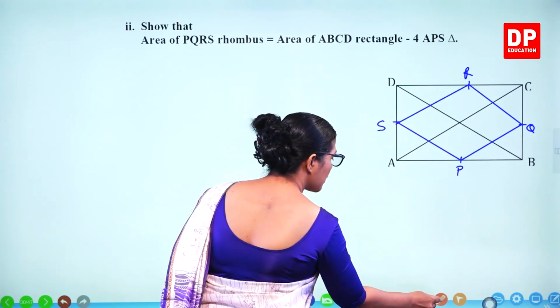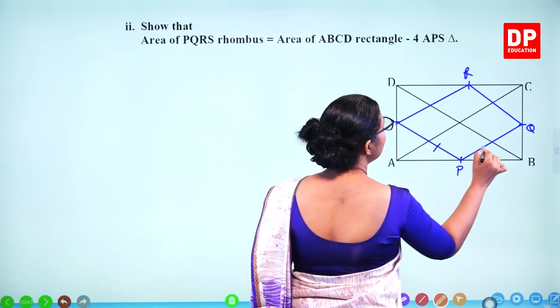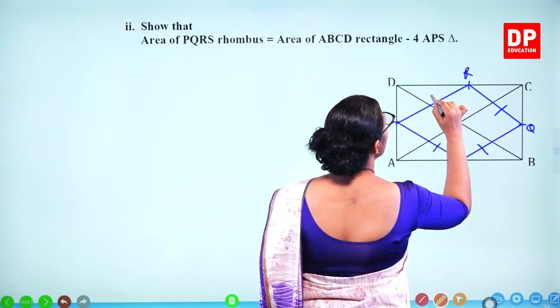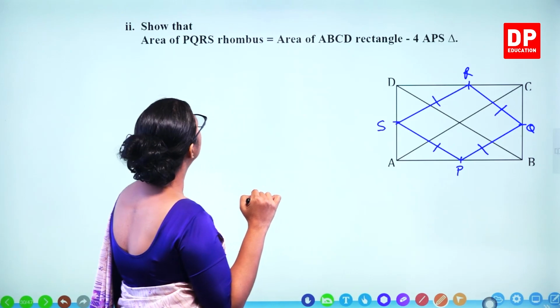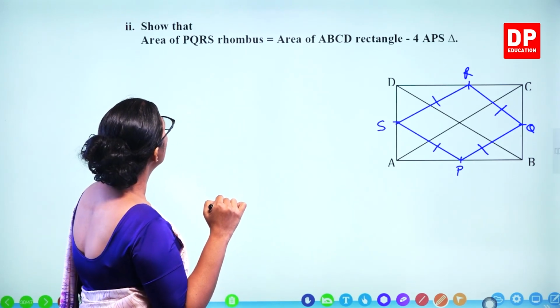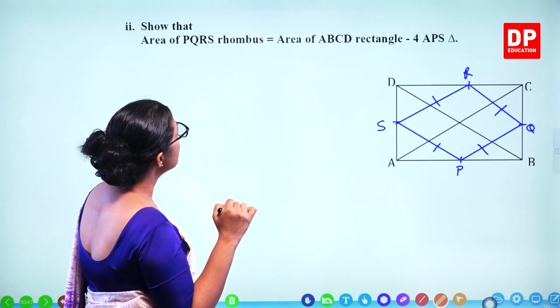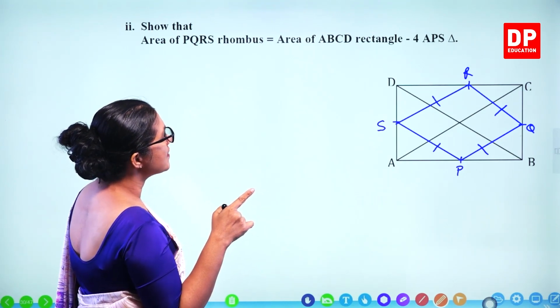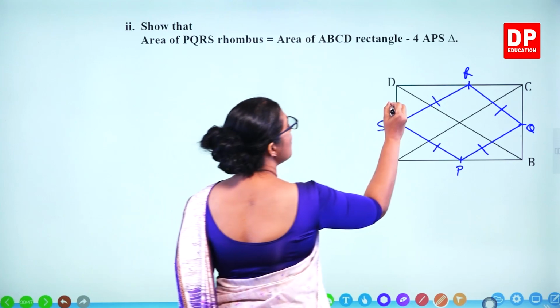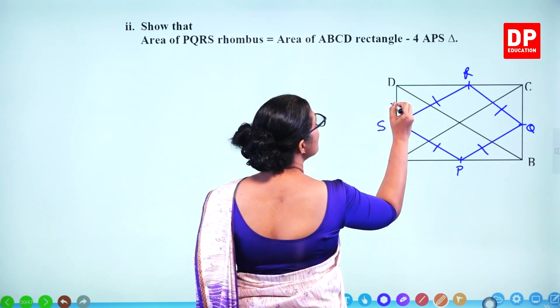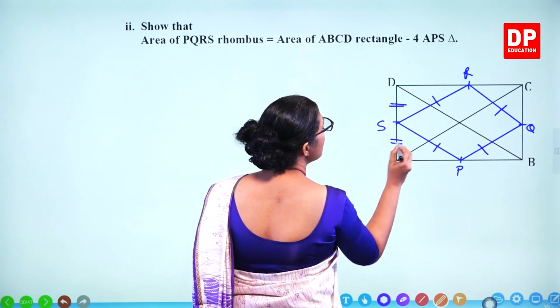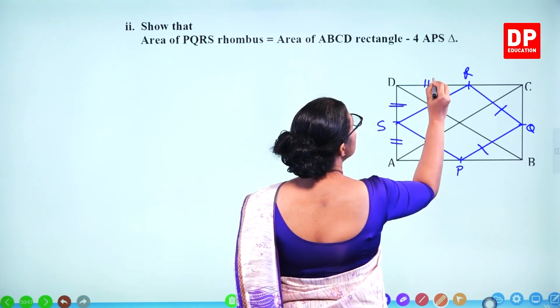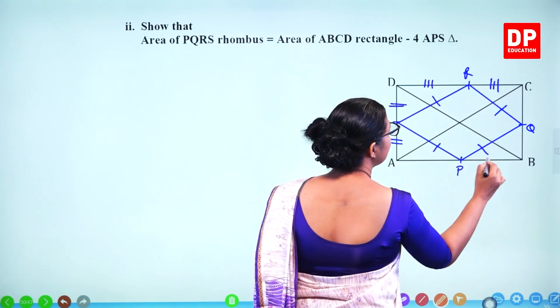Now we found out it's a rhombus. All sides are equal. So area of PQRS rhombus is area of ABCD minus 4 times APS. So we found this length is equal to this length and this one, this length.